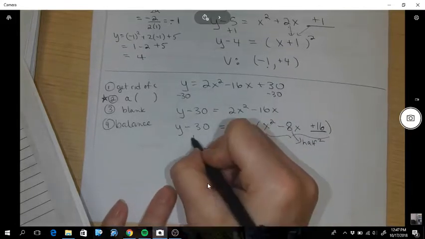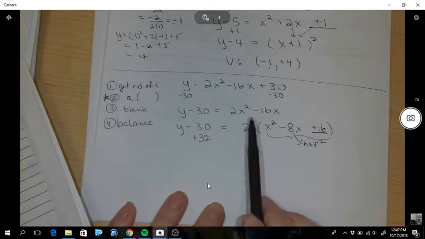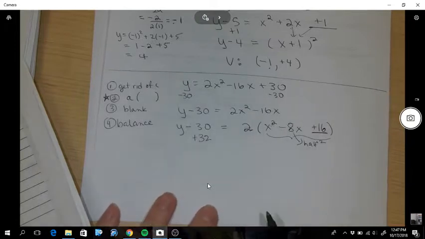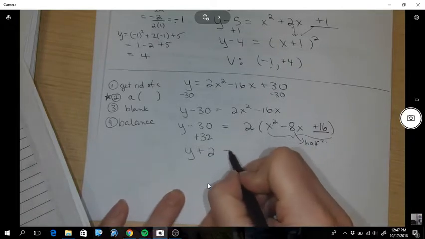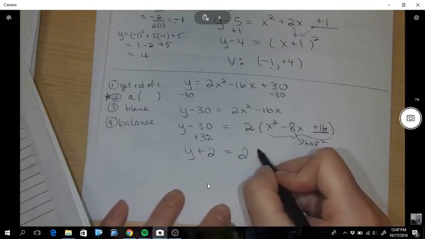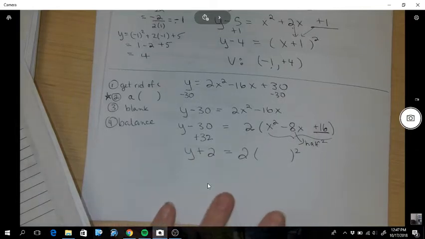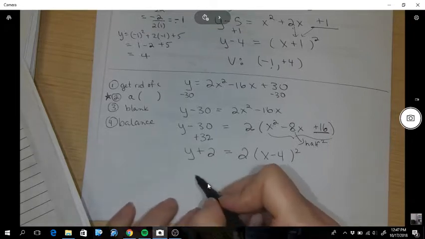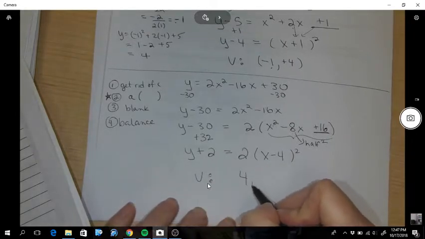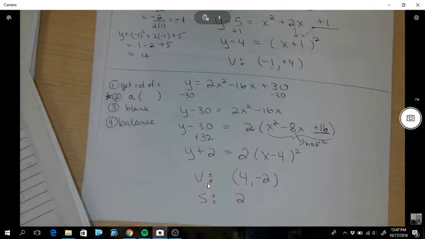So I really have to also add 32 to that side. Do you see it? 2x² - 16x existed. 32 didn't exist. So y + 2 equals 2 times, what is that trinomial as a binomial squared? (x - 4)². So my vertex is (4, -2), and my slope is 2.